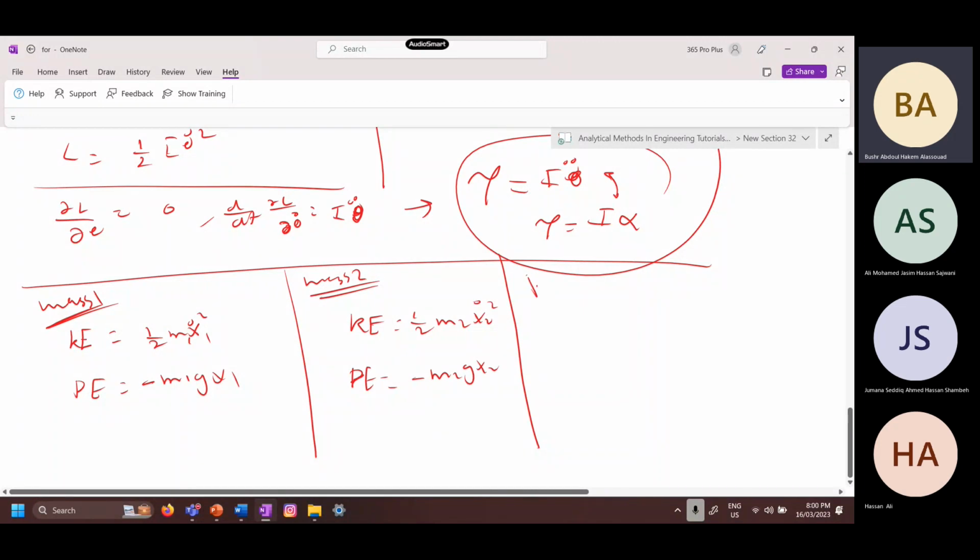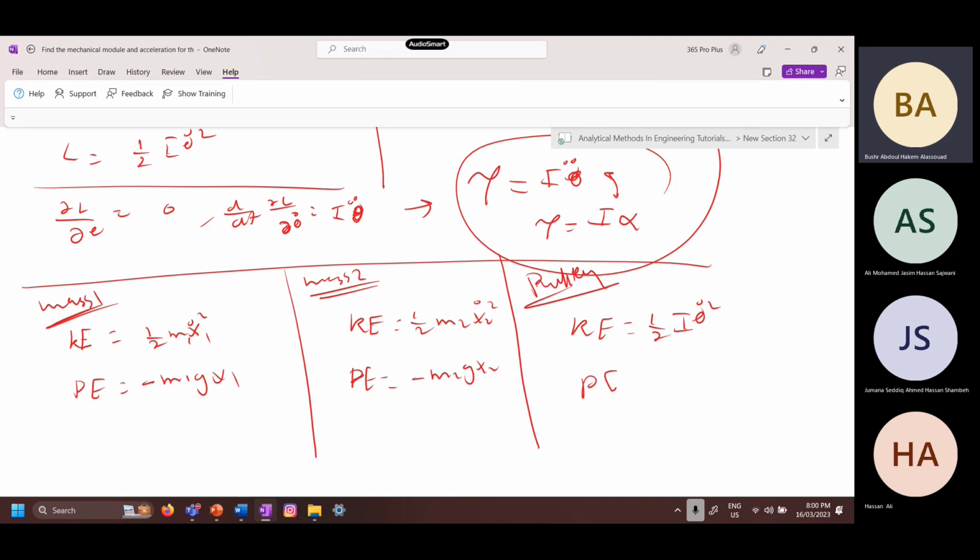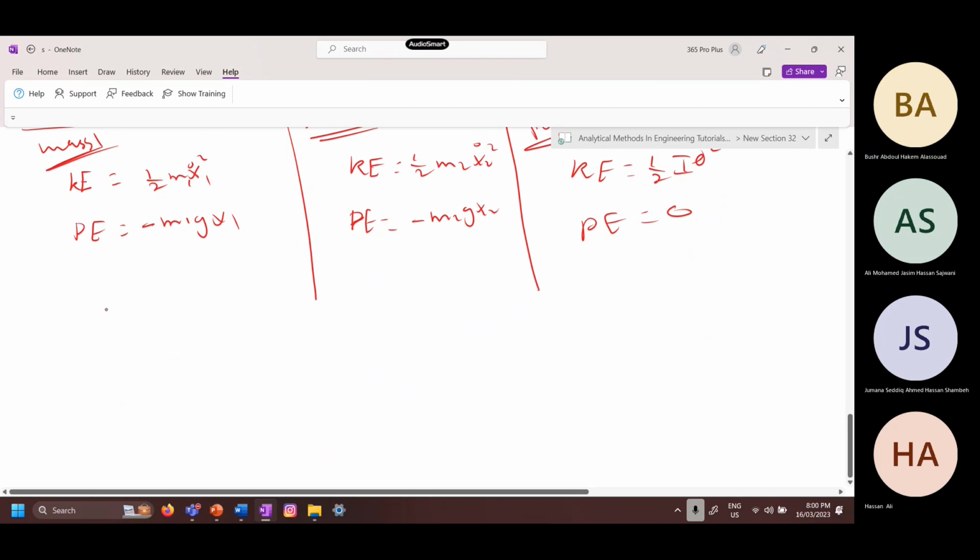And for the pulley, kinetic energy is equal to half I theta dot squared. And the potential energy finally is equal to 0. Now find the mechanical module.